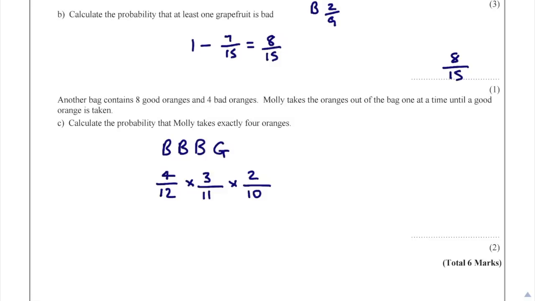Now she comes to her 4th attempt, where she can pick out a good orange. There are 8 good oranges, but there are only 9 oranges left over. So this is our calculation. If we work that out on our calculator, we get 8 over 495. And that is our final answer.